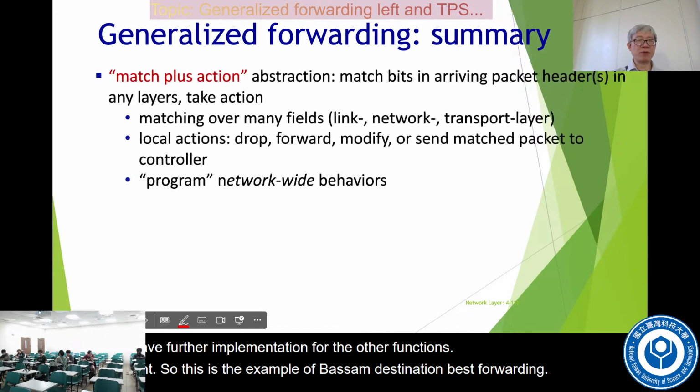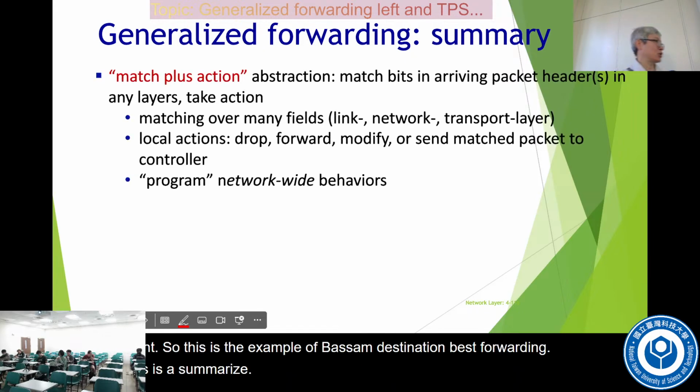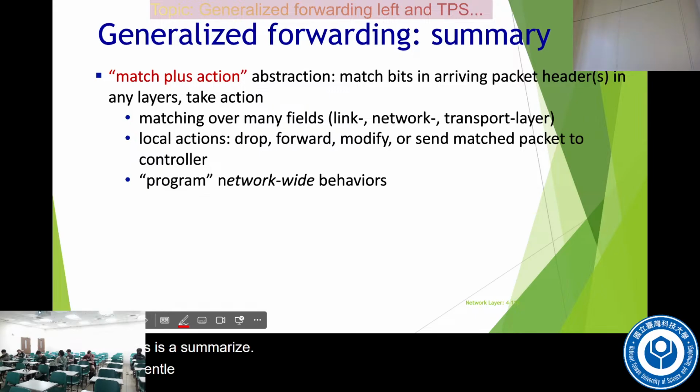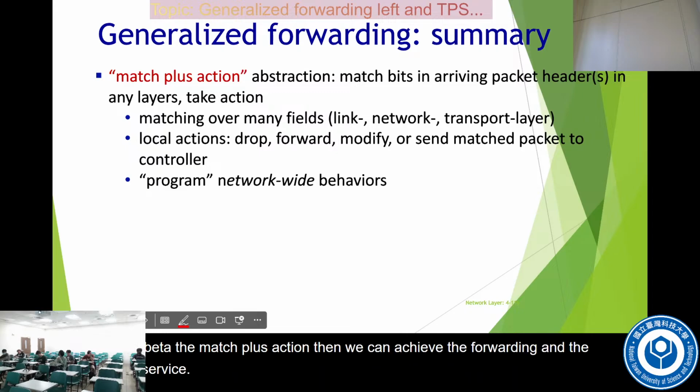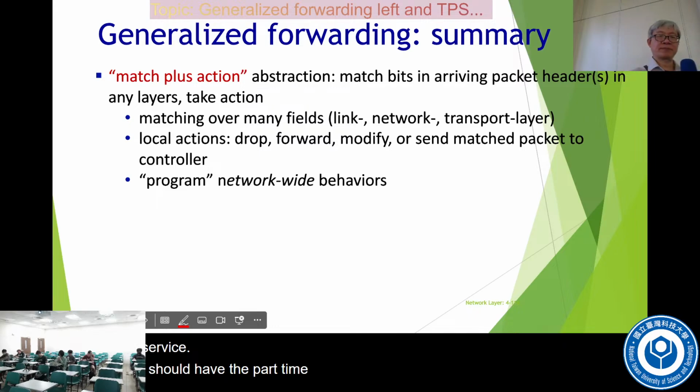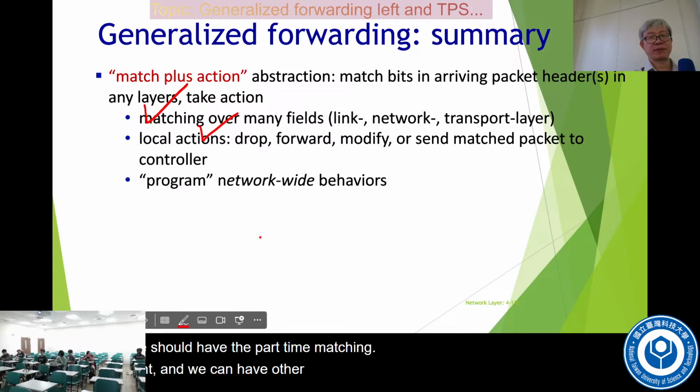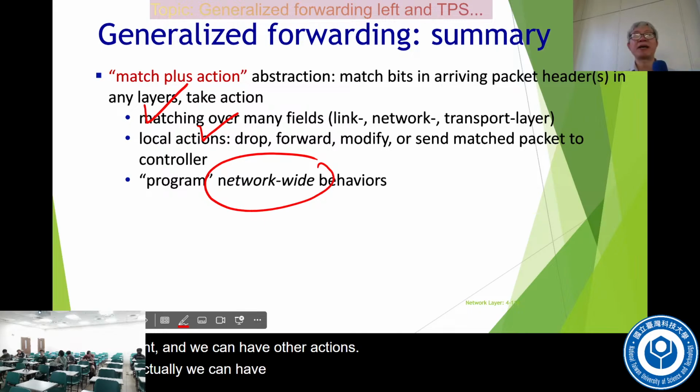So this is a summary. Generalized forwarding is mainly based on match plus action, then we can achieve forwarding and other services. So we have pattern matching, and we have the actions. And actually, we can have network-wide behaviors, but we skip it.